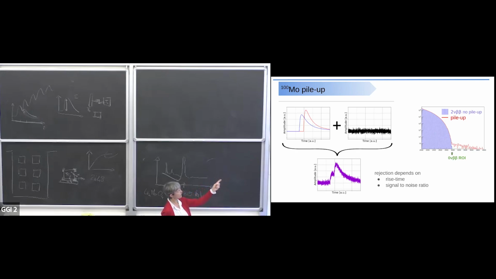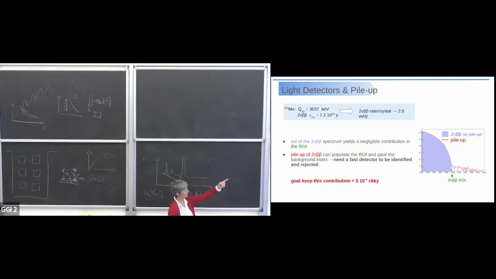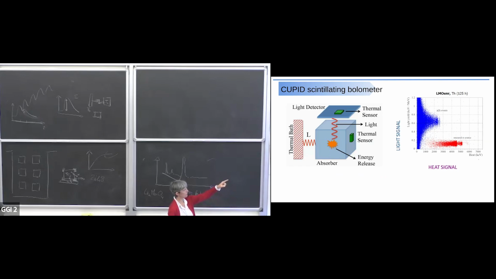In that case, we need to use the light signal and not the heat signal, because the light signal is much faster. But the signal to noise ratio, as you see in this plot, is very bad.